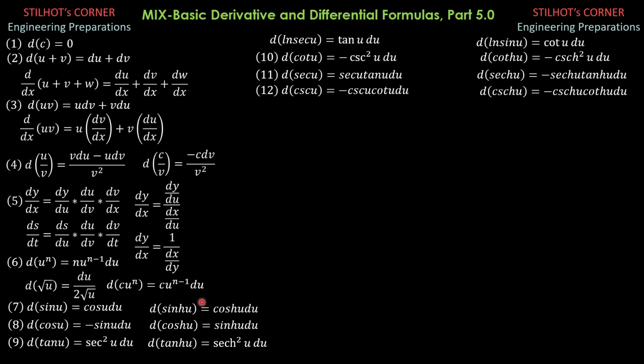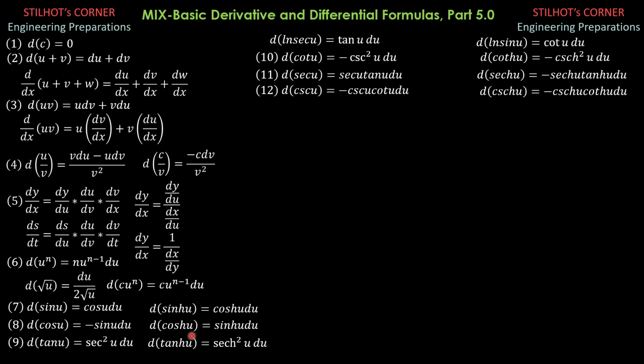For hyperbolic functions, only the sign changes, and that is for the derivative of cosine hyperbolic of u, because in trigonometry it is negative sine of u, but in hyperbolic functions, positive sine hyperbolic of u.